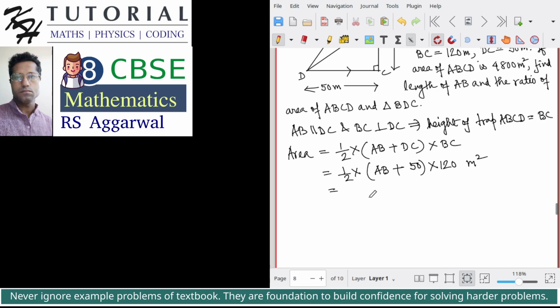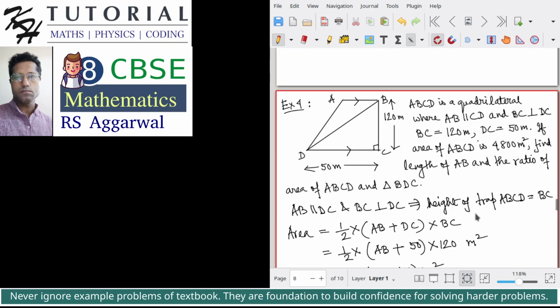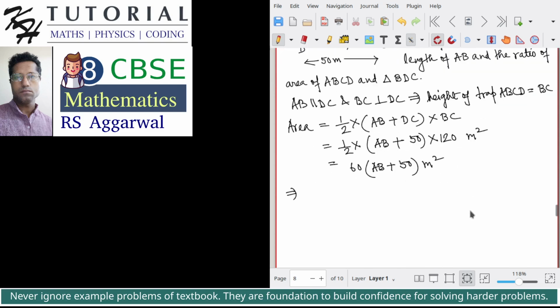This is equal to, if we simplify, 120 divided by 2 is 60. So 60 multiplied by (AB plus 50) meter square. This implies, now what is area? Area of the trapezium ABCD is given to be 4800.